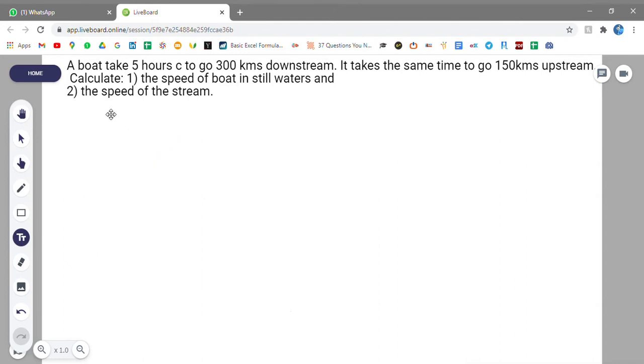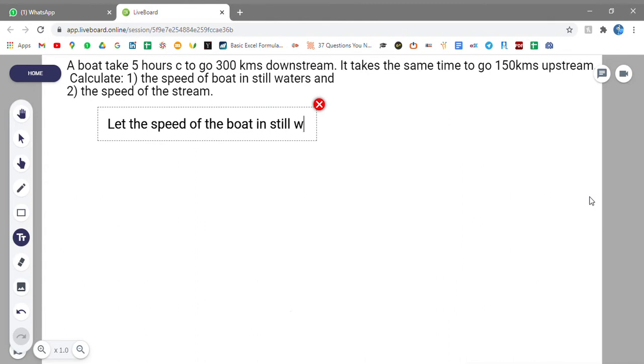Let the speed of the boat in still waters be x kilometer per hour.